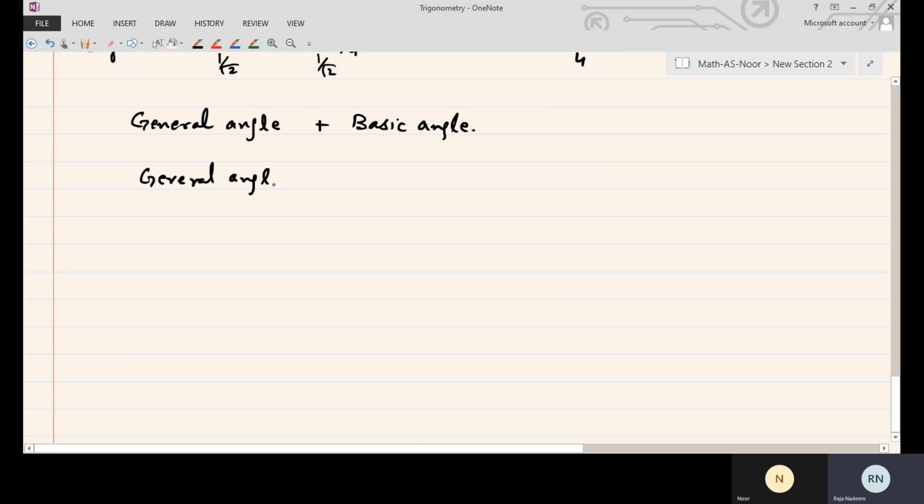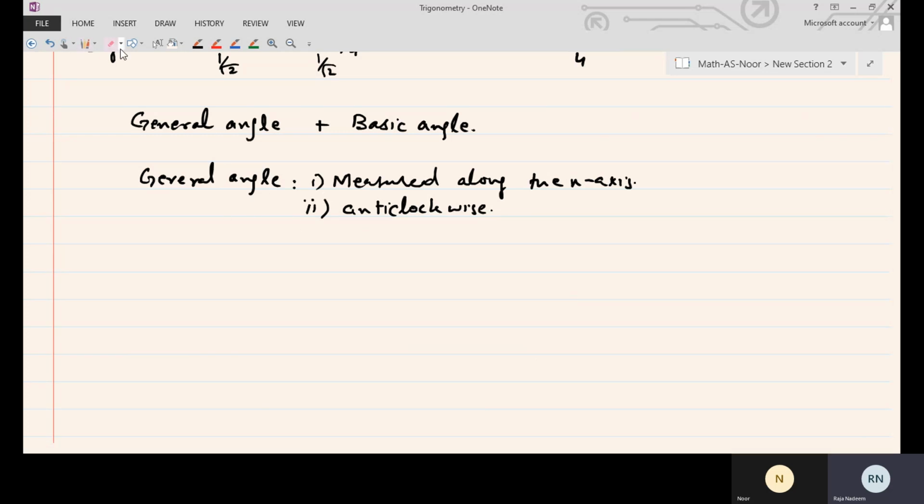General angles are the angles which are measured along the x-axis. The very first thing is you'll measure the angle from the x-axis and you move anti-clockwise. So these are the two main points for general angle. Let's see.